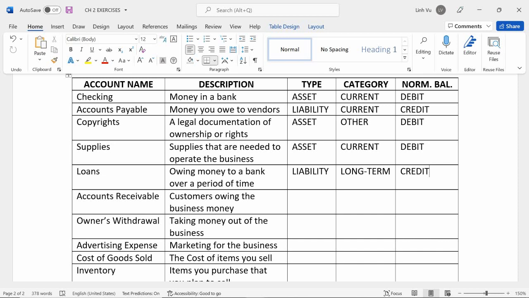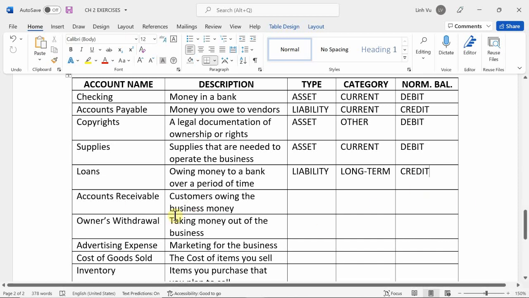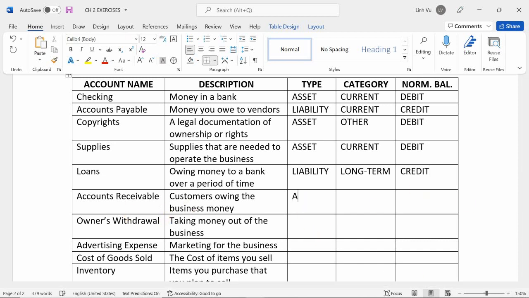Asset. Yes, because in this case, you own this cash that people owe you. It's your money. You can go to them and bill them and be able to receive cash from them instantly. Okay? So in this case, what kind of asset? Current. Good. So this, in other sense, is cash that is owed to you. Okay? Now, how do you increase an asset? Debit. You use a debit.